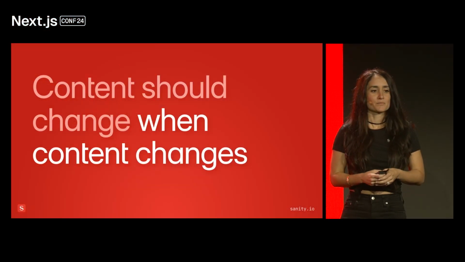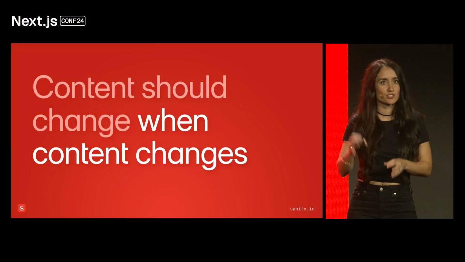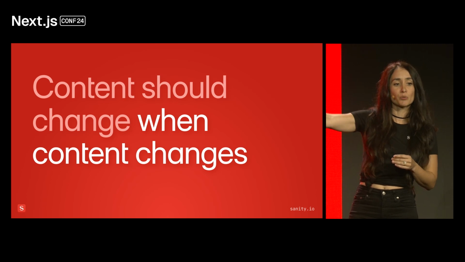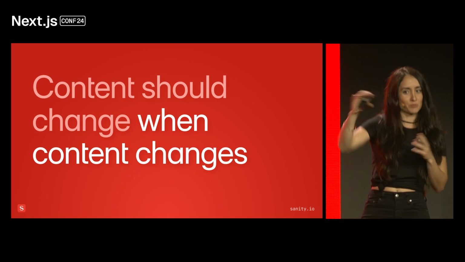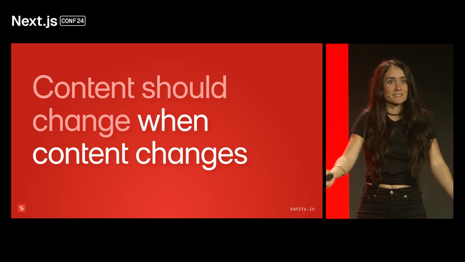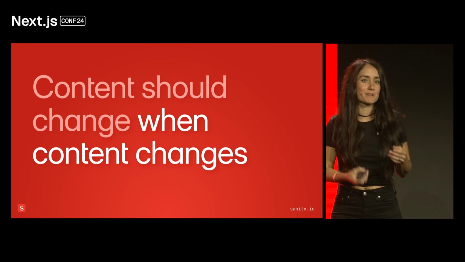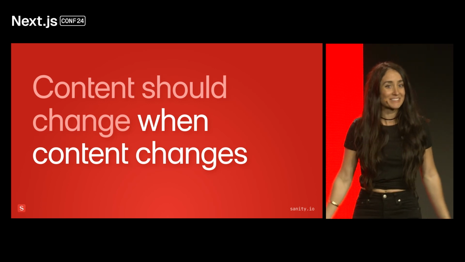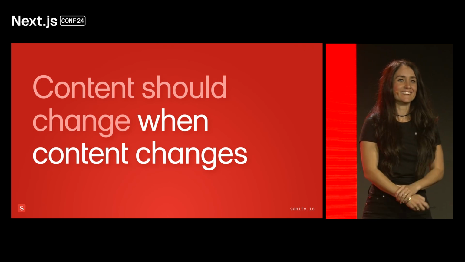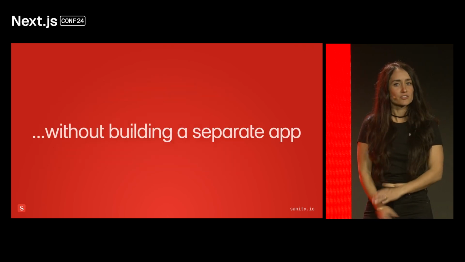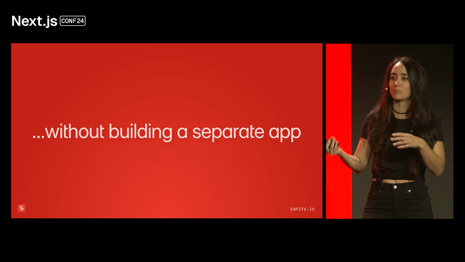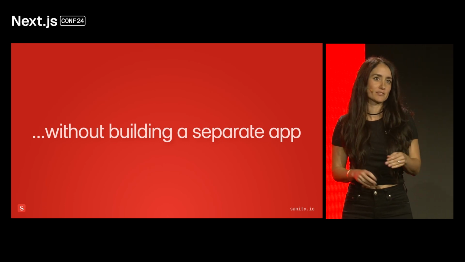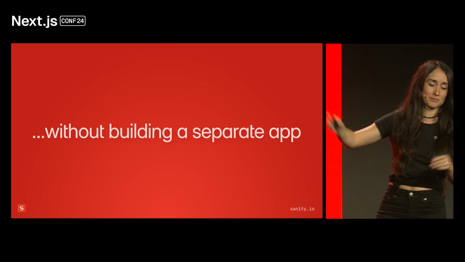So when should on-page content change? We believe on-page content should change because the content at the source changed. It seems so simple and it sounds so obvious, yet apps don't do this today because it's complicated, until today. And the solution shouldn't be to power it from a purpose-built live CMS or build a separate live app.